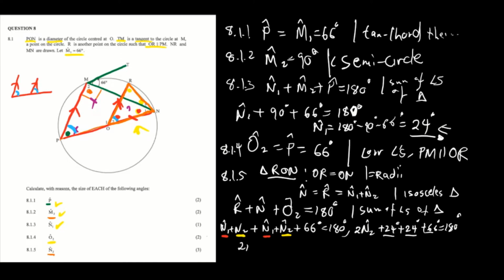You're going to have 2 N2 equals 180 degrees minus 24 minus 24 minus 66, which using your calculator is 66 degrees. Then divide by 2 on both sides, and angle N2 is equal to 33 degrees. So this is your final answer for angle N2.